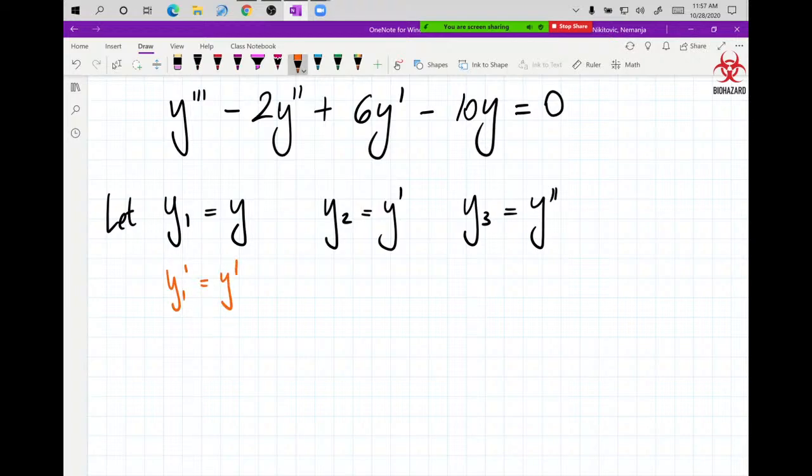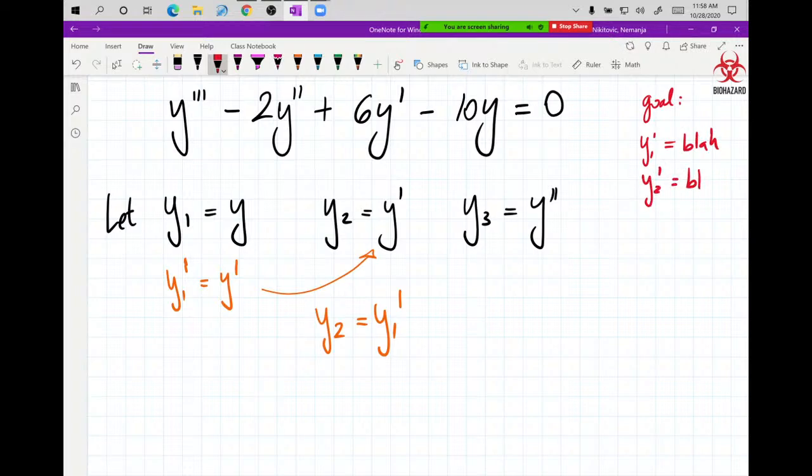So the first order of business is to differentiate here and plug in there to come up with y2 is equal to y1 prime. That's actually already your first equation, right? Your system is y1 prime equals blah, y2 prime equals blah, and y3 prime equals blah. That's your goal, right?